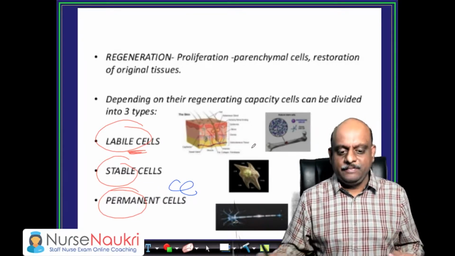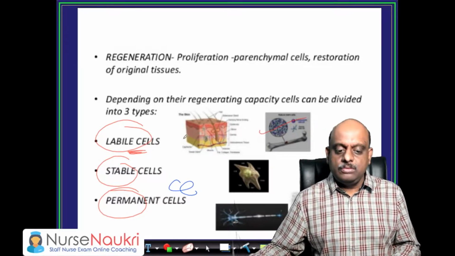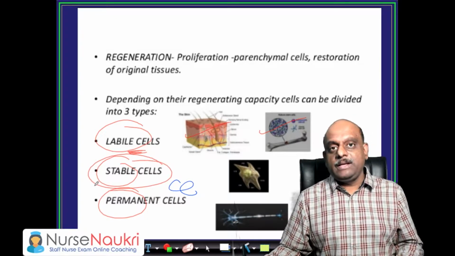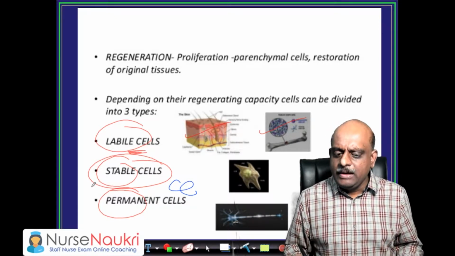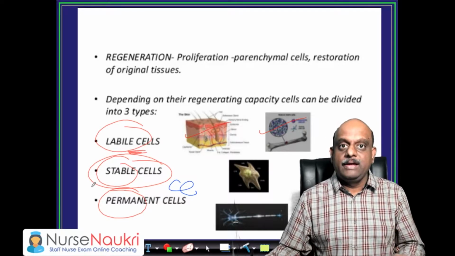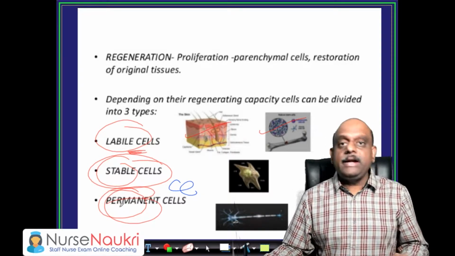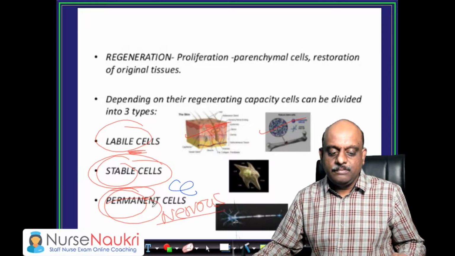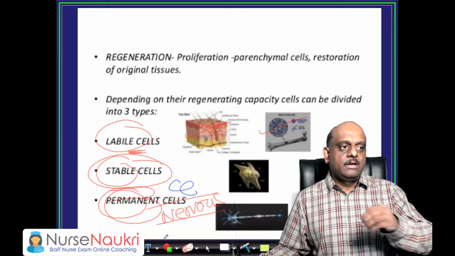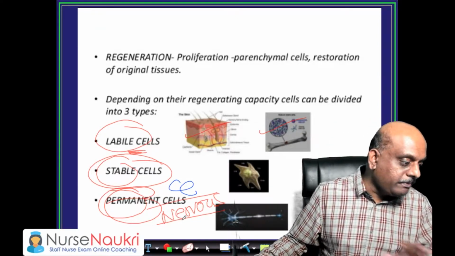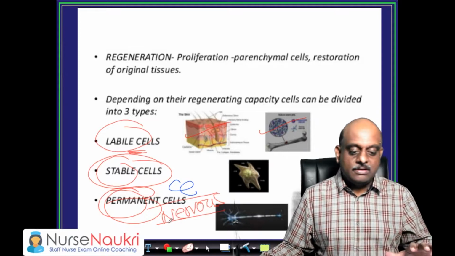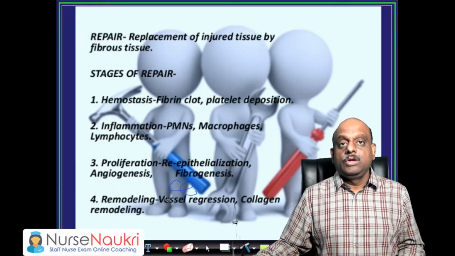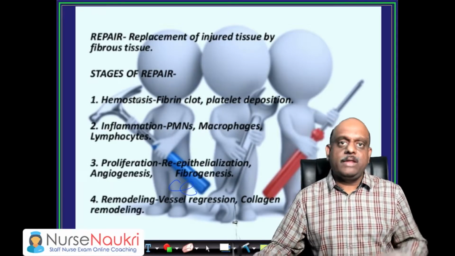So, bone marrow and skin are examples of labile cells. Then you have stable. Stable means they don't regularly multiply, but if the requirement is there, they will multiply. Permanent are the nervous tissue. After birth, it won't multiply at all, that is the permanent cell you have to remember.